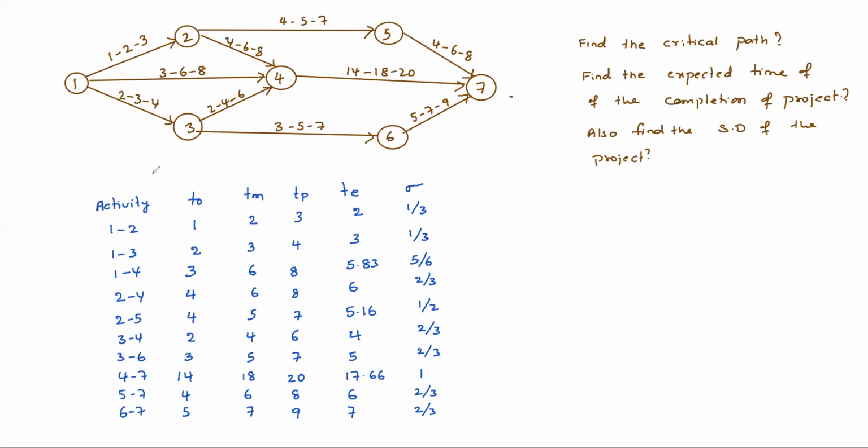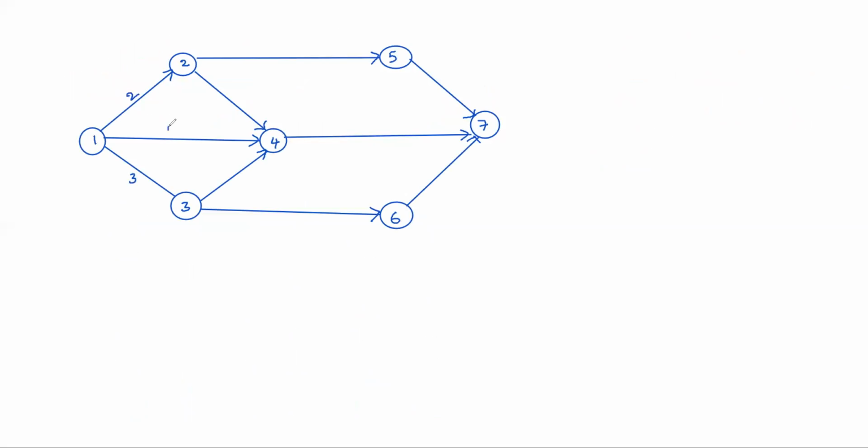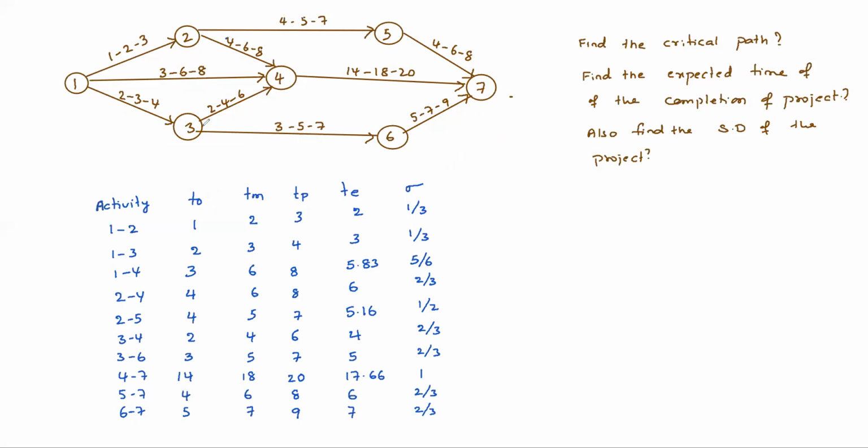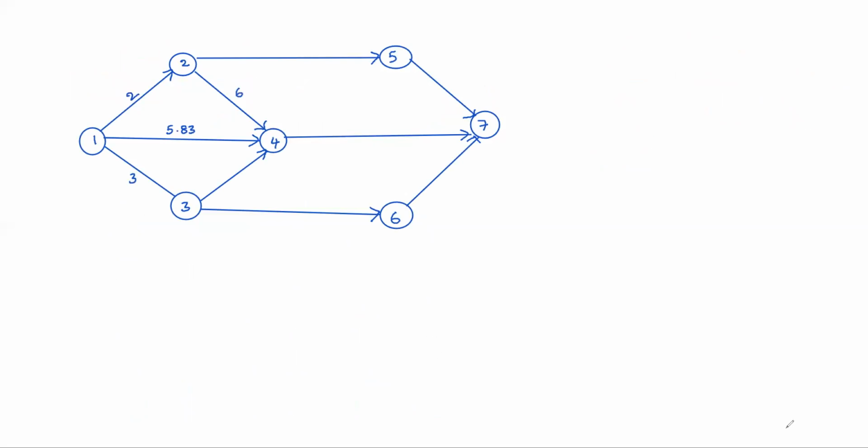For 1-4 activity, 5.83. For 2-4, it is 6.